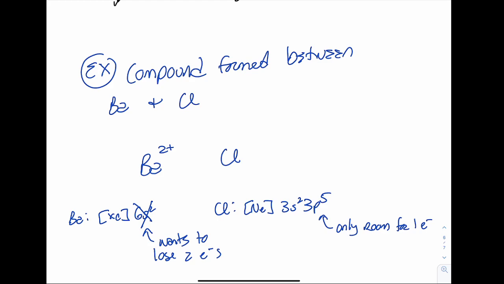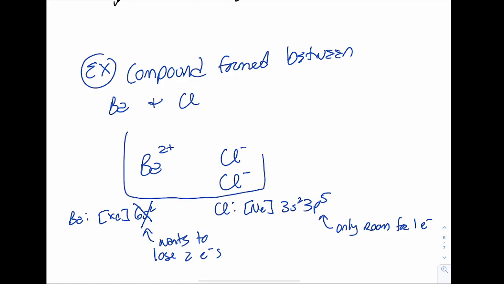Barium needs to lose 2 to be more stable. Chlorine needs to gain 1 to be more stable. I know that the number of electrons lost must equal the number of electrons gained, which means I'm going to actually need 2 chlorines for every 1 barium, right?